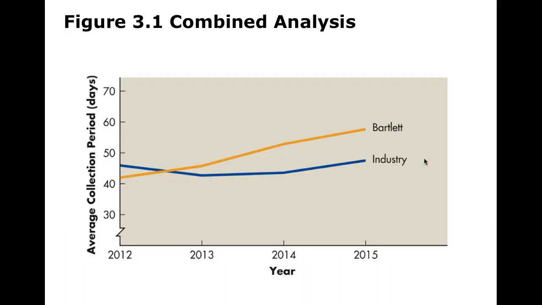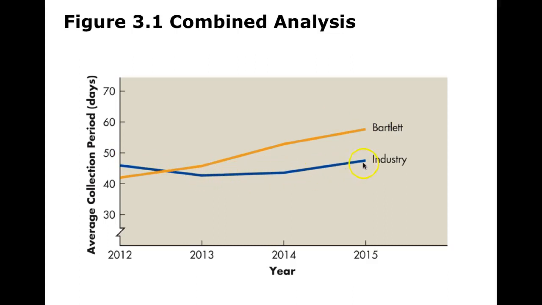So here's an example of this one company, and we're looking at average collection period in days. And so the average collection period in days, the smaller amount, the quicker you collect, the better. So in this particular case, they went from collecting in 40 days to collecting in 60 days, which is bad, where the industry has decreased or maintained.